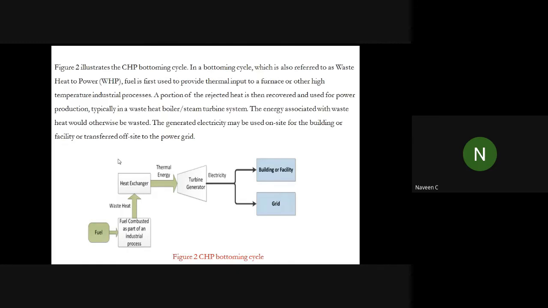You can see from the diagram itself clearly, you are supplying the fuel to the industrial process. Once the process is over, the wasted heat from the process is sent to the heat exchanger.